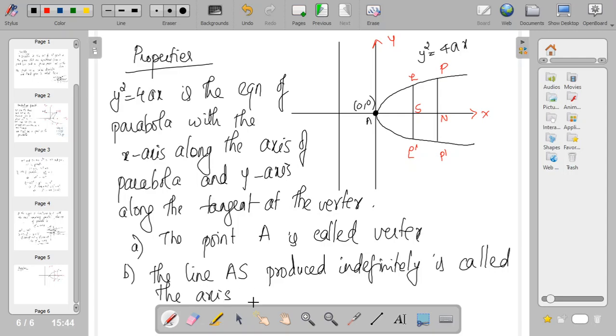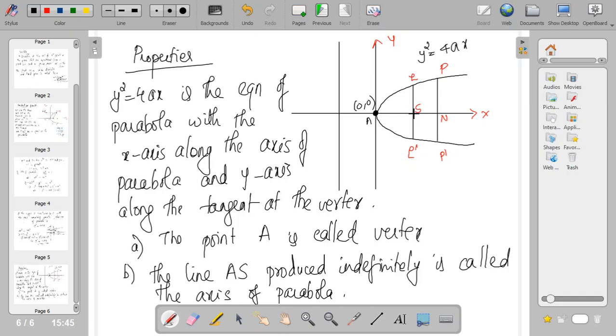So extend the line AS indefinitely, so that line forms the axis of the parabola. So we have got what is vertex and what is the axis of the parabola.